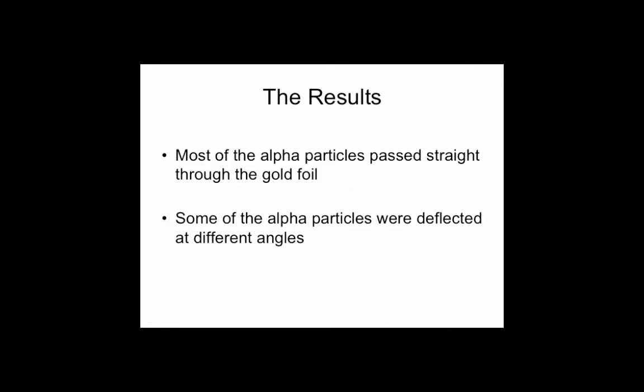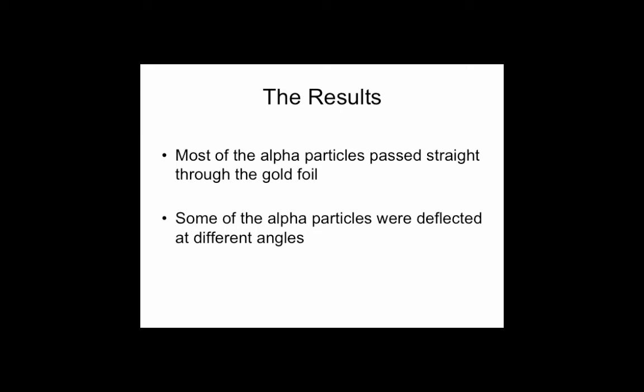So the results of this experiment were that most of the alpha particles passed straight through the gold foil, but some of the alpha particles were deflected at a wide variety of angles, and some even were deflected at greater than 90 degrees.